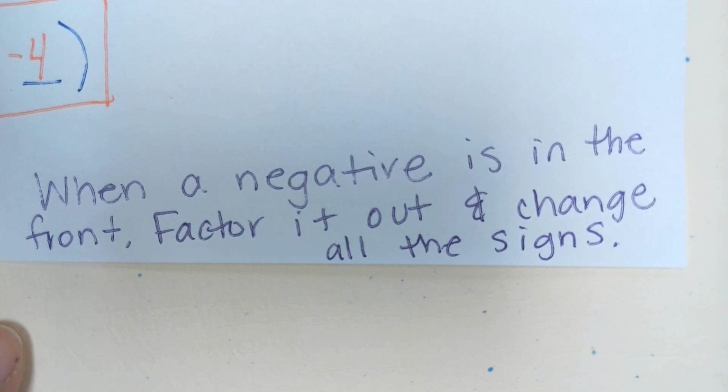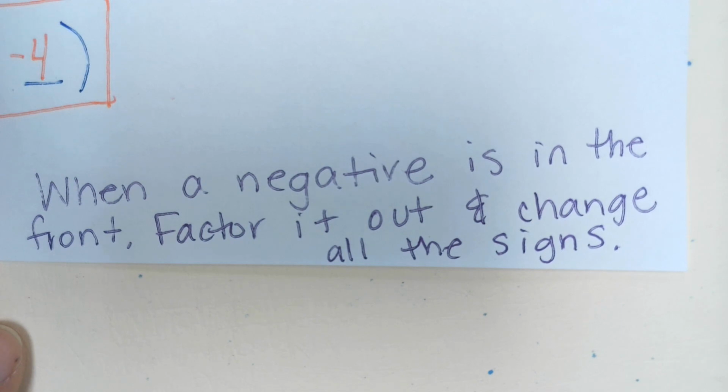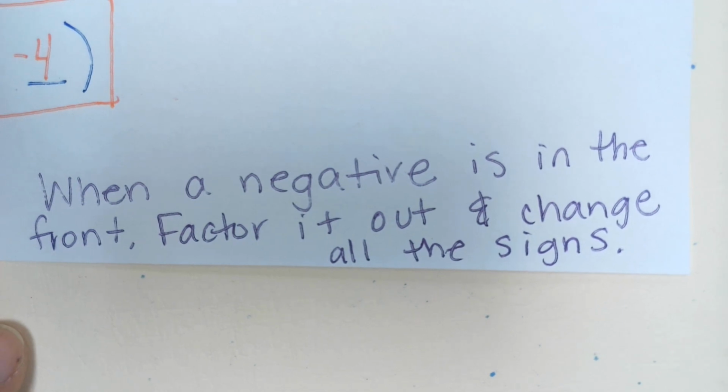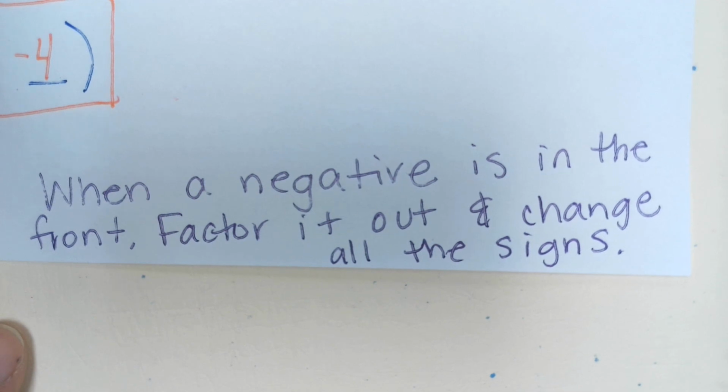So anytime I do that, I'm going to circle my negative and then kind of put an arrow down so I can show you what that means. Okay, I'll give you about 10 more seconds to make sure this is written down.